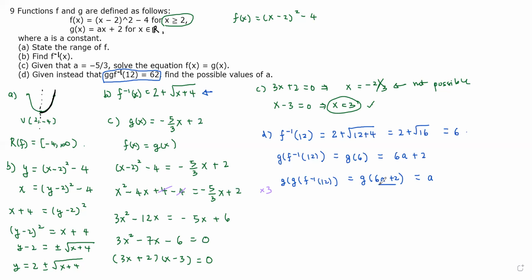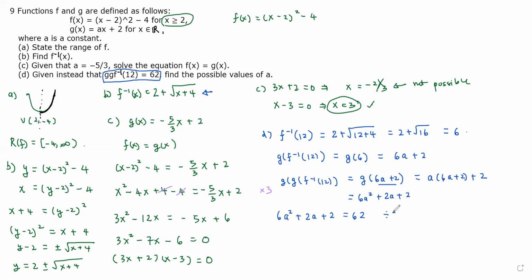We replace x with 6a + 2, and that will give us 6a^2 + 2a + 2. Now we are given that g(f^-1(12)) equals 62, meaning that this part must equal 62, so that 6a^2 + 2a + 2 equals 62.